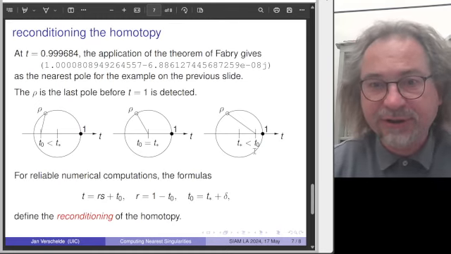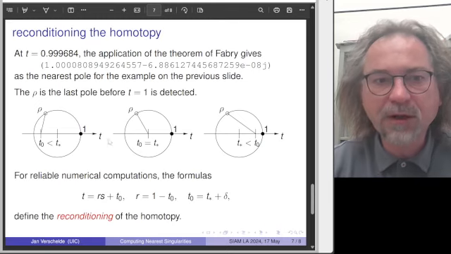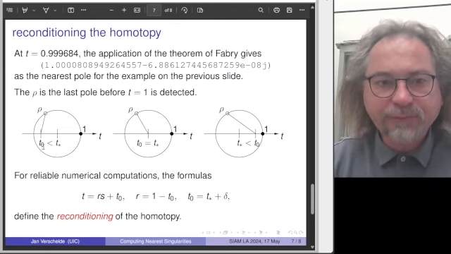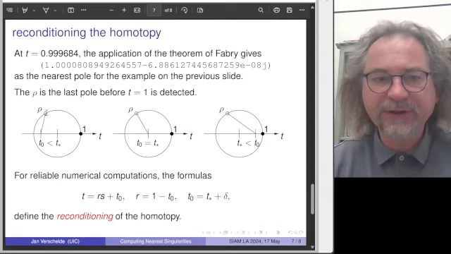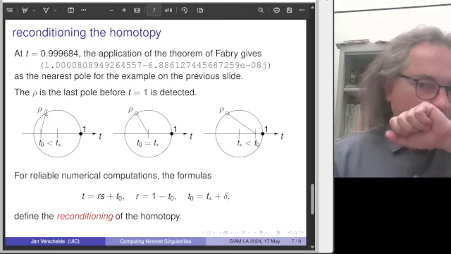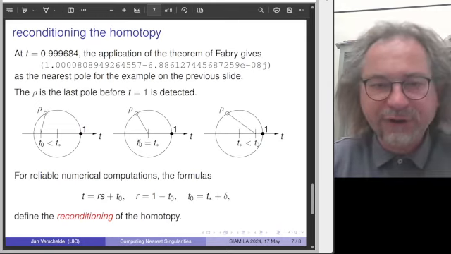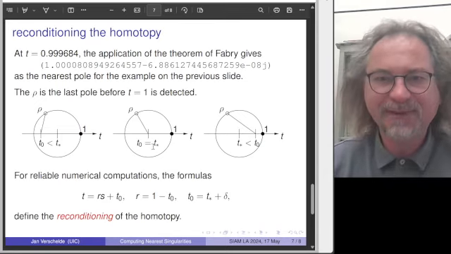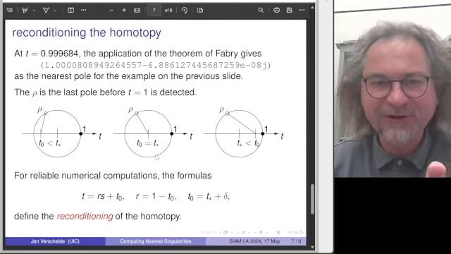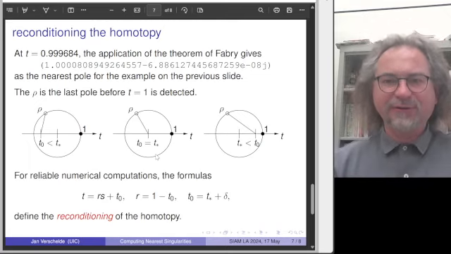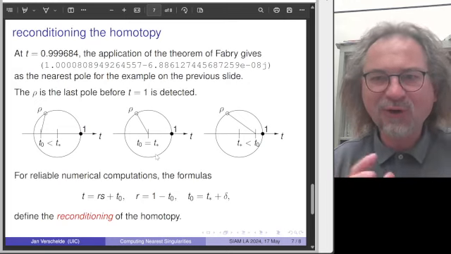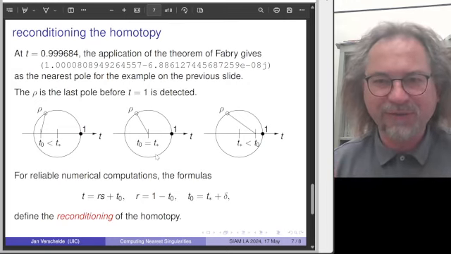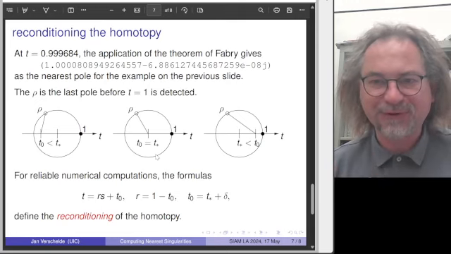This is the situation at the right here. Before that, when t naught is less than this t star, we have this pole rho, which is the last. The situation in the middle is a very special situation where you are at equal distance of rho and 1. That situation causes the theorem of Fabry to be confused. Also, extrapolation doesn't work anymore.